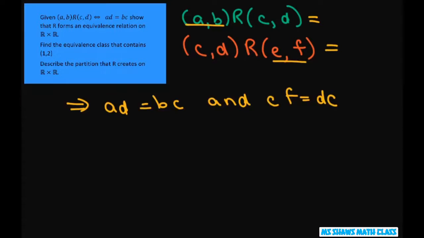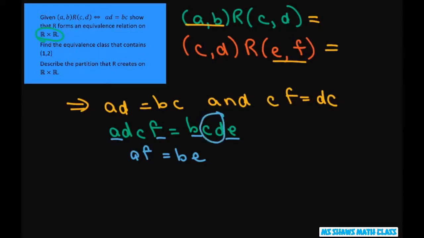So therefore, we have AD times CF equals BC times DE. Remember, we're doing Cartesian product here. And then that means that AF equals BE. These two are the same. Therefore, (A, B) is related to (E, F). So hence R is transitive.